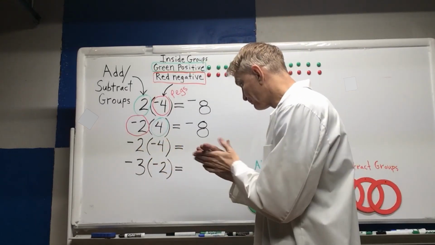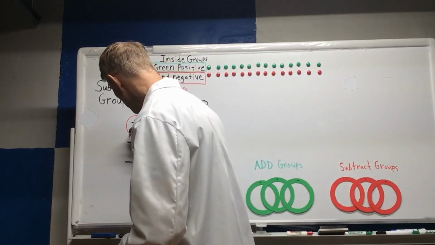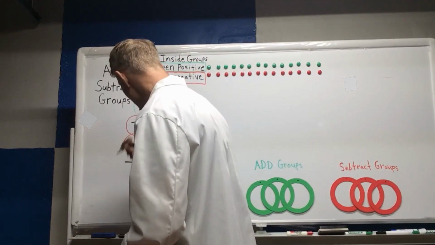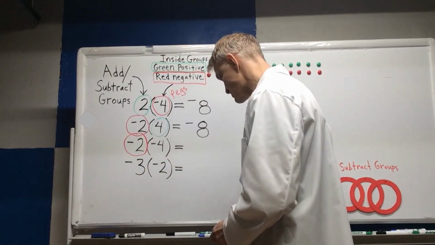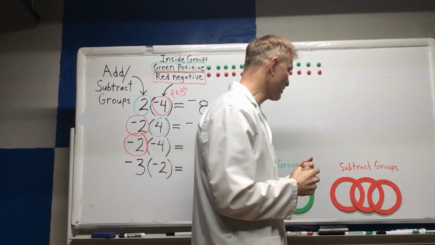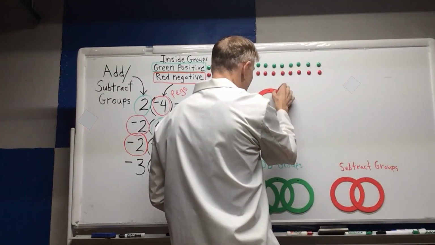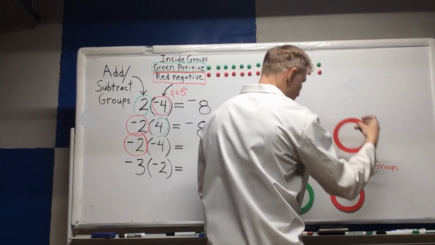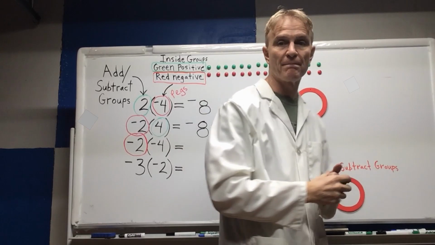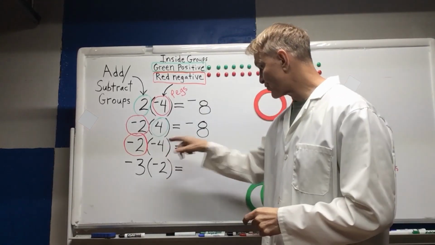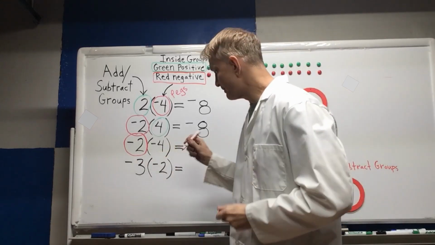All right, so a negative 2 is a red group ring where I'm subtracting. Okay, so I am subtracting red group rings, which means I'm subtracting from the total up here. But I'm subtracting, let's call it a debt.